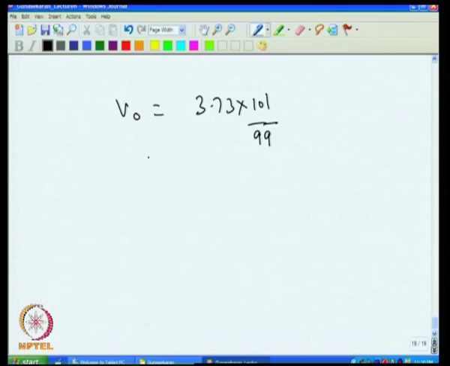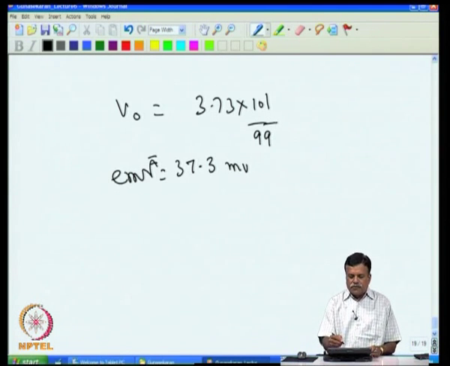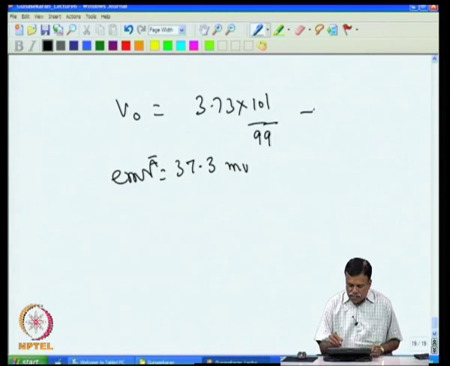So, that definitely goes more than 3.73. We can calculate this. You will get roughly about 10 millivolt error expected. It will go to 3.831, that will be nearly 37.3 millivolt error expected. So, you calculate and see what is the difference, because we have to calculate this minus 3.73.